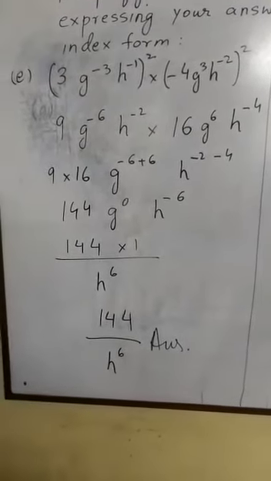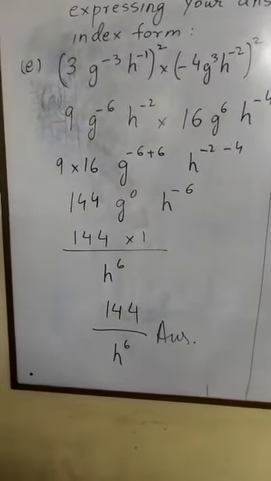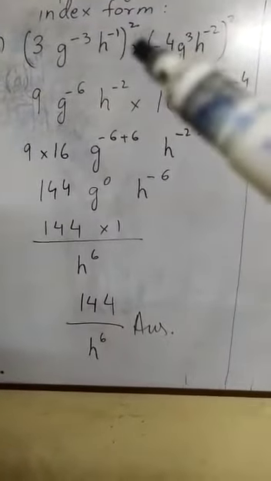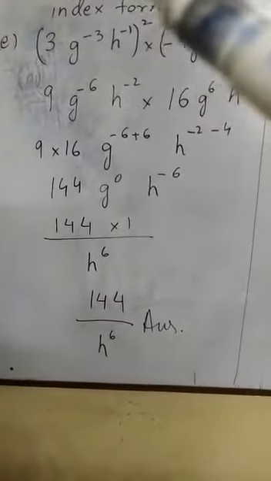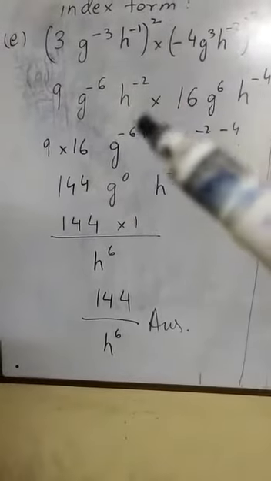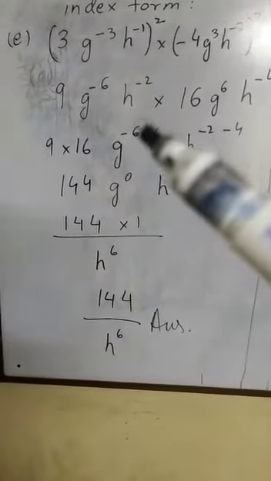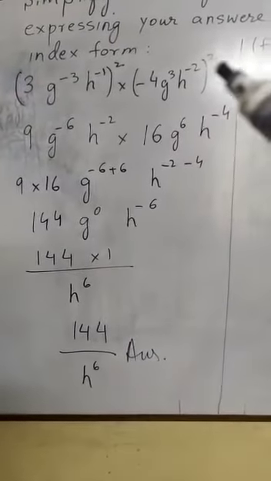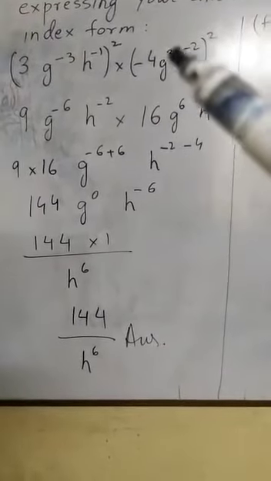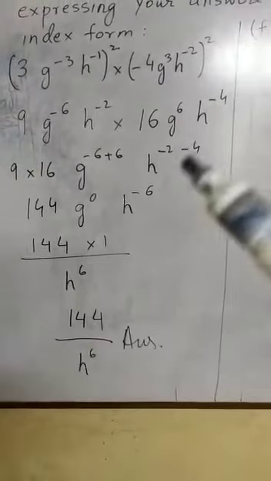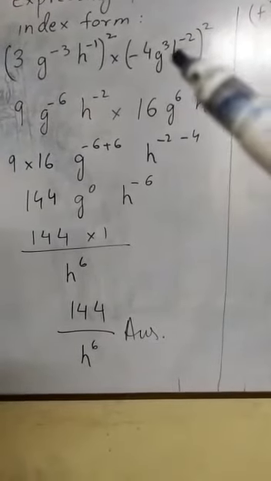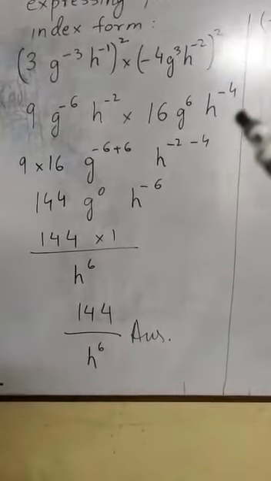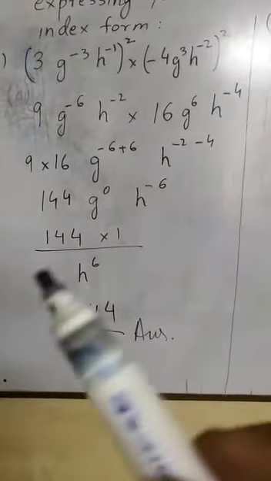Minus 3 multiplied by 2 will give you minus 6. Minus 1 multiplied by 2 will give you minus 2. Over here minus 4 squared will give you 16. And G^3 into 2 will give you G^6. And H^-2 into 2 will give you H^-4.